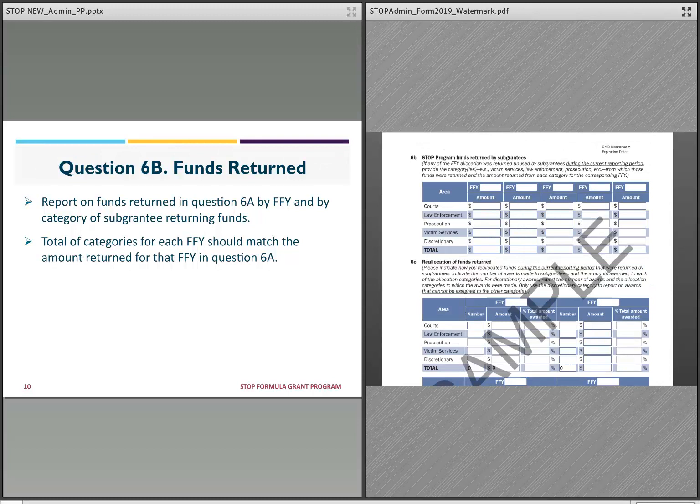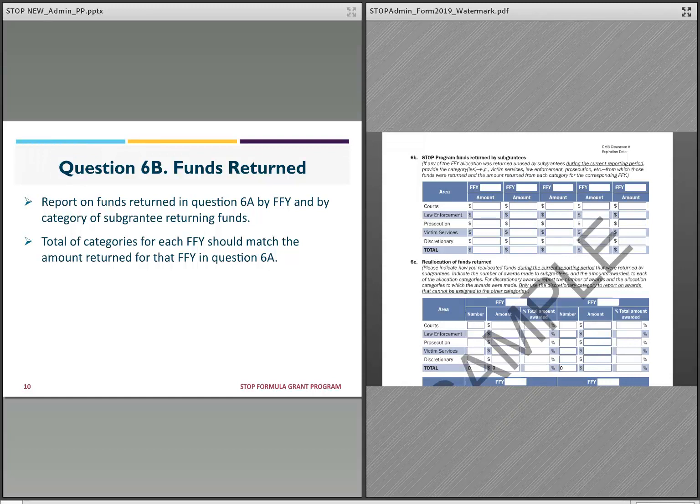In question 6B, report on funds returned in question 6A by federal fiscal year and also by category of subgrantee returning funds. So for any of the federal fiscal year allocation that was returned unused by subgrantees during the current reporting period, provide the amount returned from each category that any funding was returned from for that federal fiscal year.